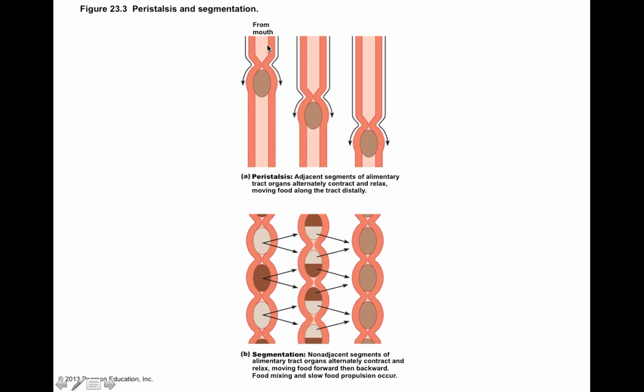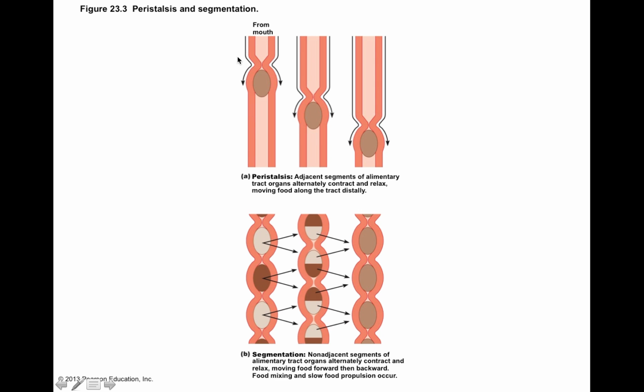So let's imagine this is your esophagus, and just based on the color, maybe you had some Cocoa Pebbles for breakfast, or Cocoa Puffs, right? That's what it was, cuckoo for Cocoa Puffs. So you had some Cocoa Puffs for breakfast, and you chewed it up and you swallowed it, and then eventually it got into your esophagus. Well, how does it get from the top of your neck all the way down to your stomach? Well, you have peristalsis.